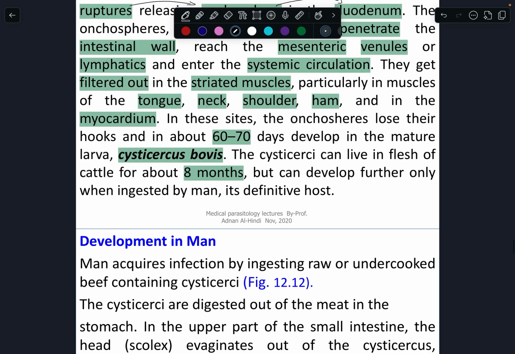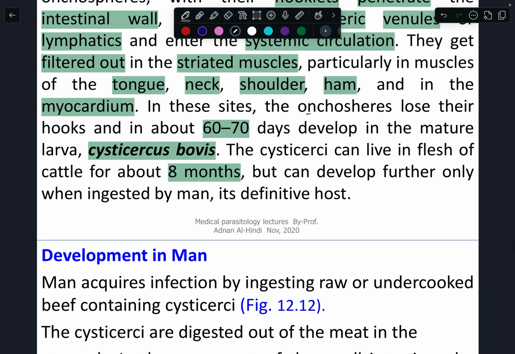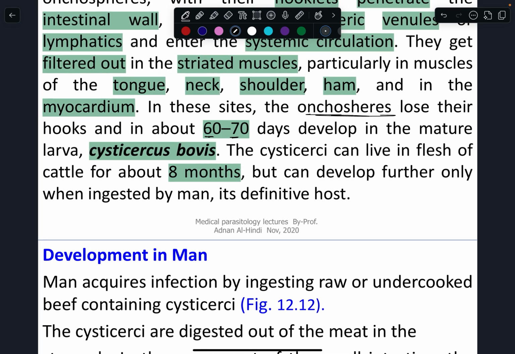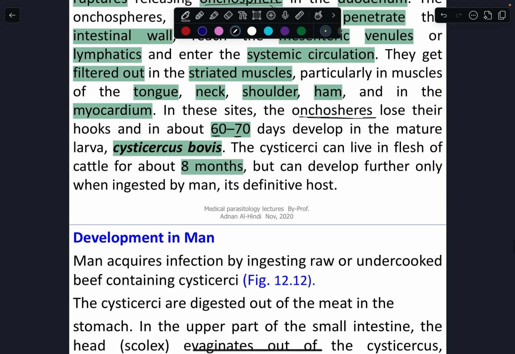So once the oncospheres lose their hooks, in about 70 days they develop into the mature larva, Cysticercus bovis.